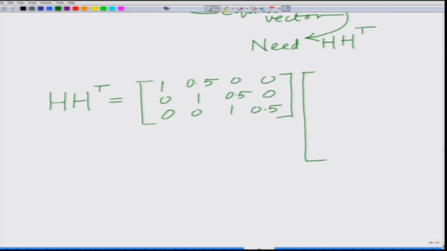So, this is H, we need to get H transpose.